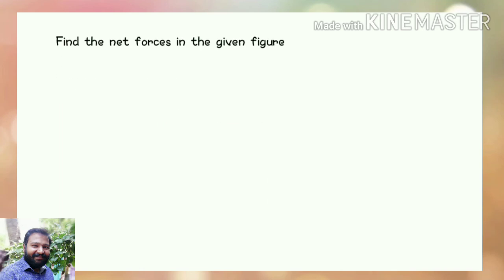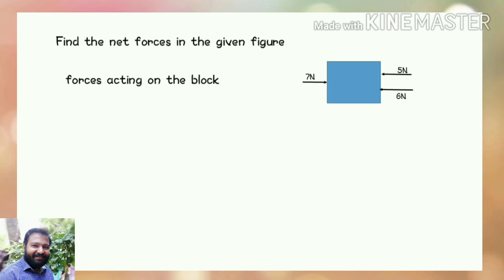See here, find the net force in the given figure. One block is given. From left side to right side 7 newtons of force is acting. From right side to left side, 5 newtons and 6 newtons, two forces are acting. Now we will calculate the net force on this block.